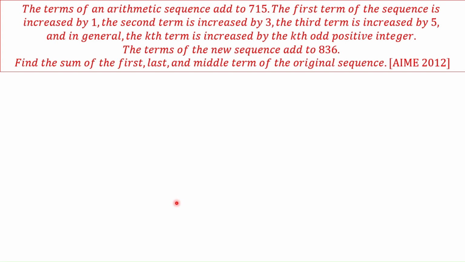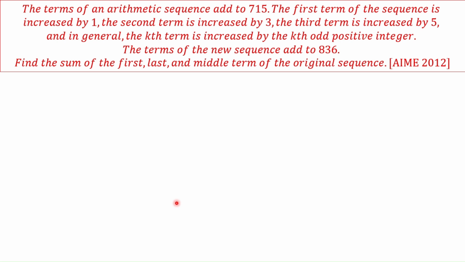Okay. Next. The terms of an arithmetic sequence add to 715. Some arithmetic sequence is there, and the sum of all its terms is 715. The first term of the sequence is increased by 1, the second term is increased by 3, the third term is increased by 5, so based on odd numbers basically. Each number is added with an odd number, starting from 1.